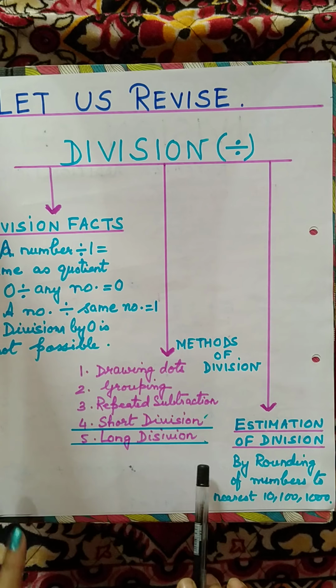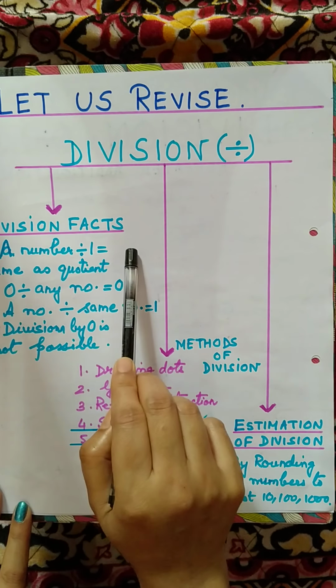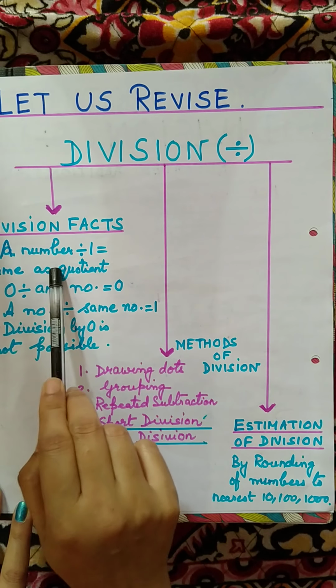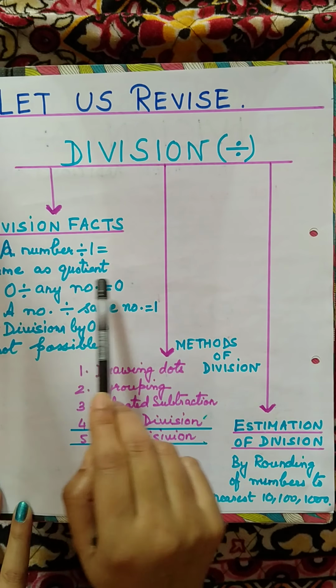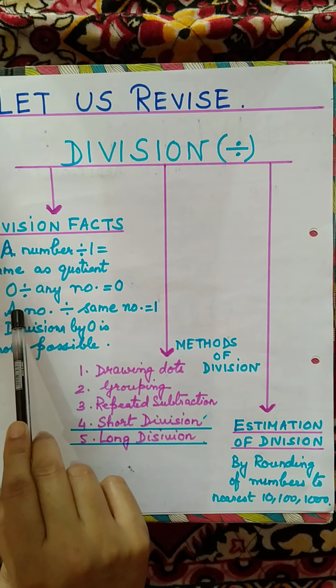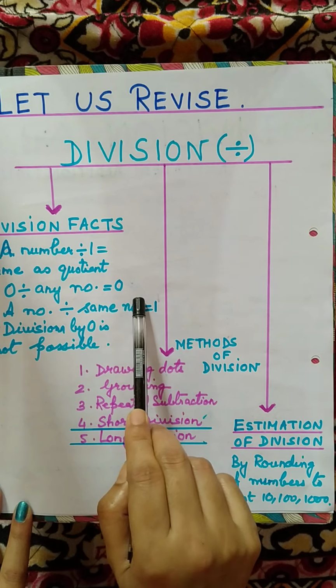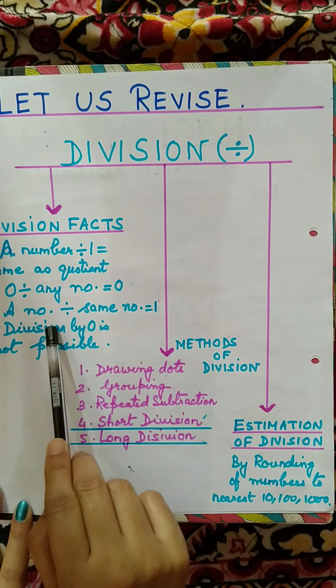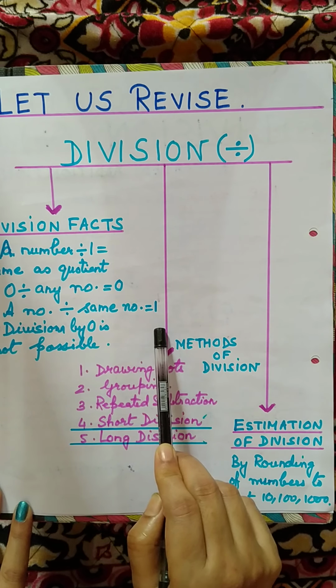Let us revise what we have studied till now. We've studied division facts, which is a number divided by 1 is equal to the same number as the quotient. When 0 is divided by any number, the answer is 0. A number divided by the same number is equal to 1.